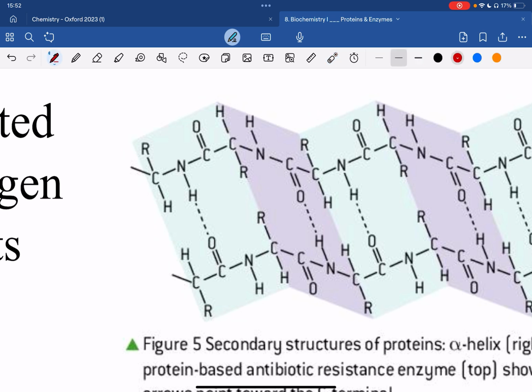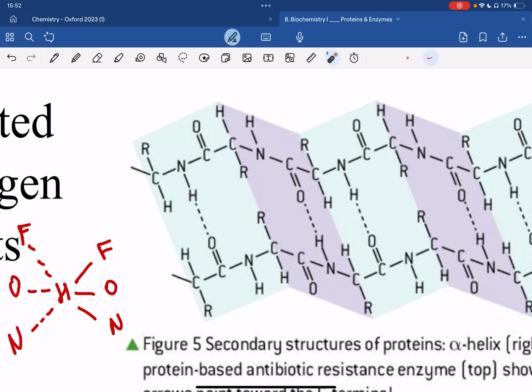Also remember what hydrogen bonding is. We need to have either fluorine, oxygen, or nitrogen in one molecule, and it should include hydrogen attached to again either fluorine, oxygen, or nitrogen. Take a look: we have hydrogen bonding here in one amino acid, in another amino acid it's connected to nitrogen.